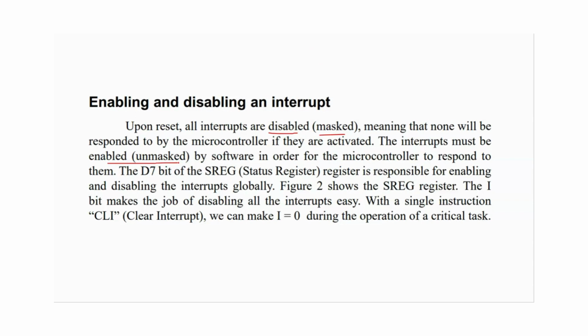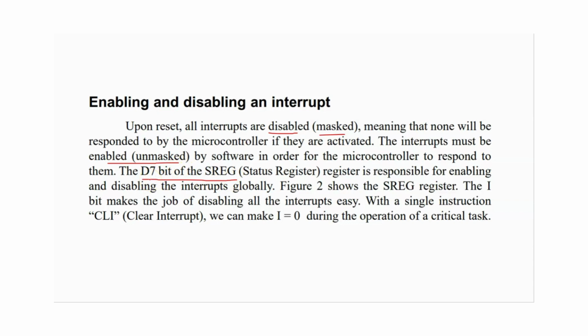At two levels, interrupts are enabled. The main level is the global level interrupt enable, which is done at bit 7 of the status register. Even if an interrupt is enabled locally, if this bit is disabled, then all the interrupts will be treated as disabled.